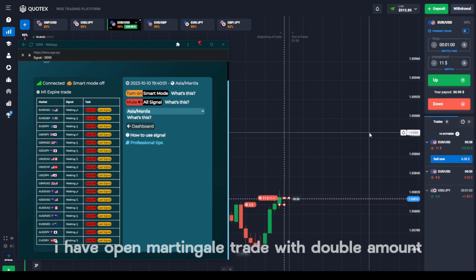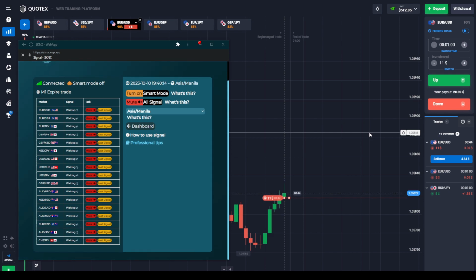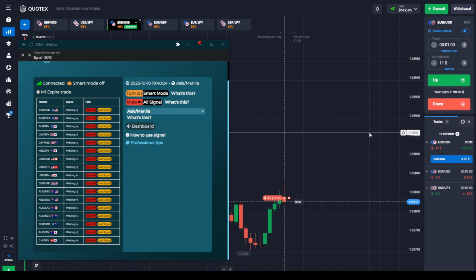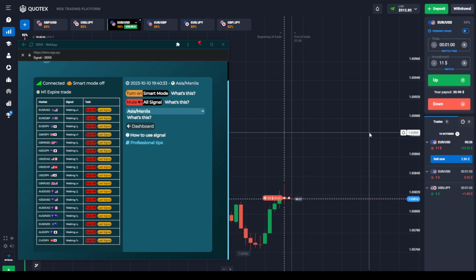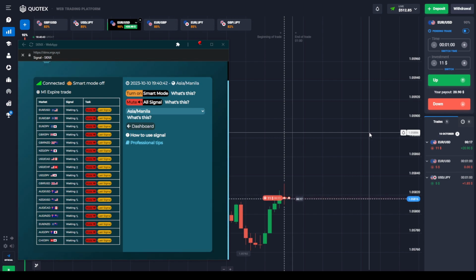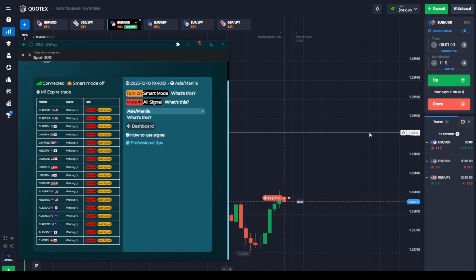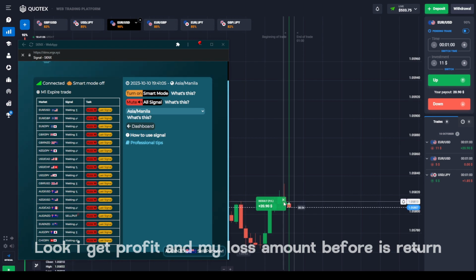I have opened a Martingale trade with double the amount. Look, I get a profit, and my previous loss amount is returned.